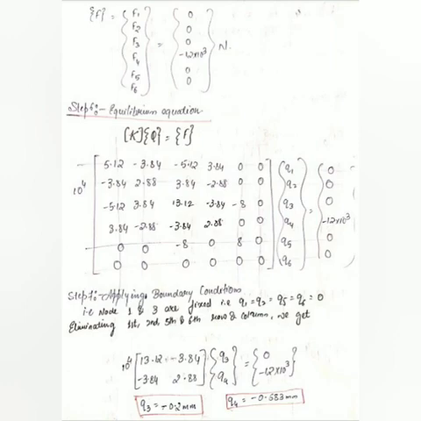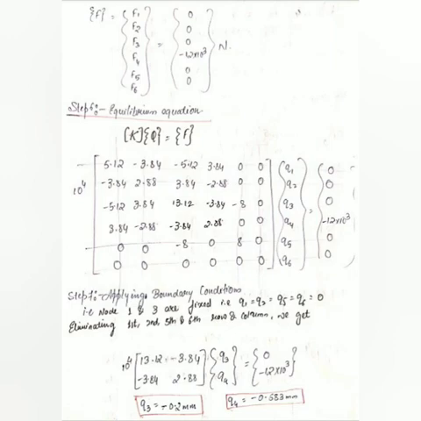Continuing with the problem, the equilibrium equation KQ equals F, so writing it in this form. Since node 1 and node 3 are fixed, that is there is no displacement along x direction and y direction at node 1, eliminate row 1, row 2, column 1, column 2.